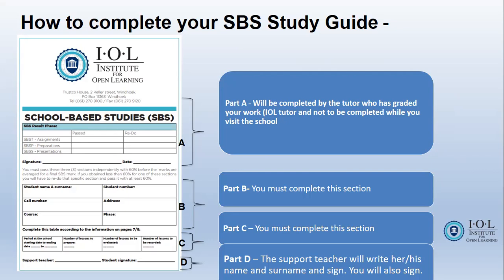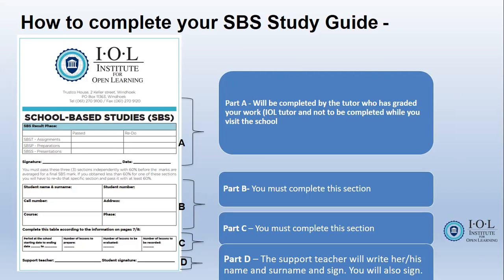And then your part is B, C, and D, which is for you as well as your teacher who will be assigned to you. So you will have to add your details in B. You will have to complete C. We have found that many of the students just ignore C, and it's part of the work that you need to complete.